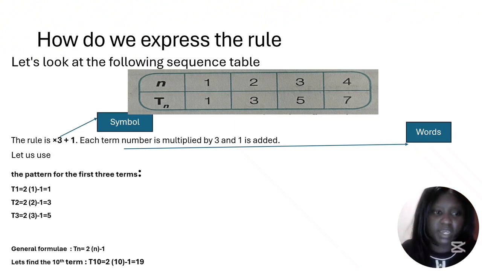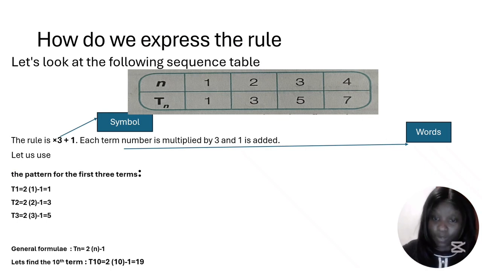Then we express the rule in words. As you can see there, times 3 plus 1, we use a symbol. So in words, each term is multiplied by 3 and 1 is added; you use your words, and then you use your symbol when it comes to expressing the rule. There's a pattern for the first 3 terms.